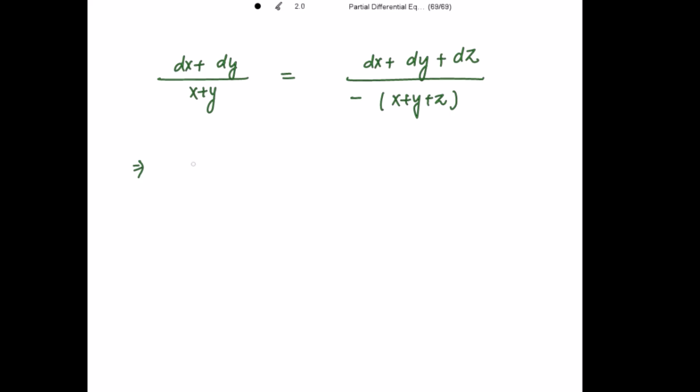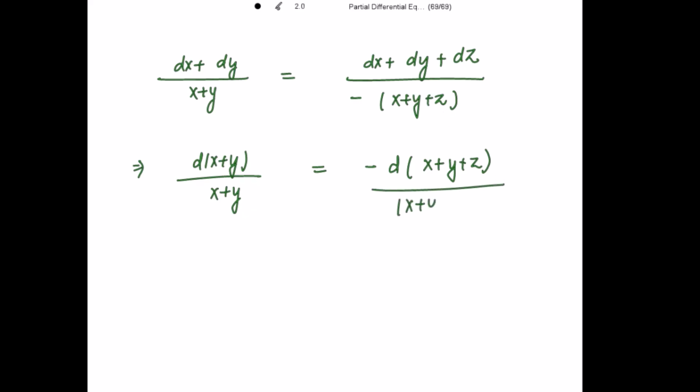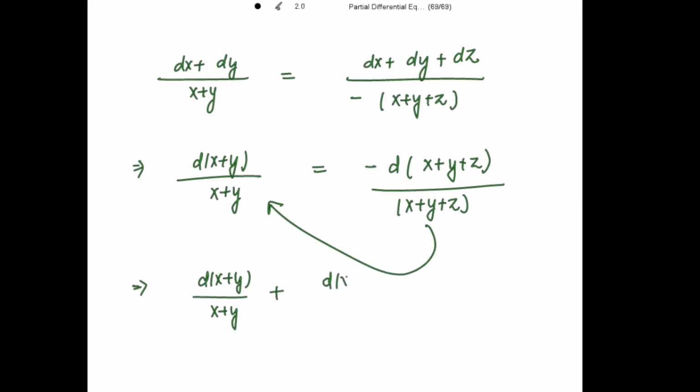Okay, so this can be further written as d(x + y)/(x + y), and taking negative in the numerator, it is −d(x + y + z)/(x + y + z), the derivative of x + y + z divided by x + y + z. And now taking this right hand side to the left hand side, we get d(x + y)/(x + y) + d(x + y + z)/(x + y + z) = 0.